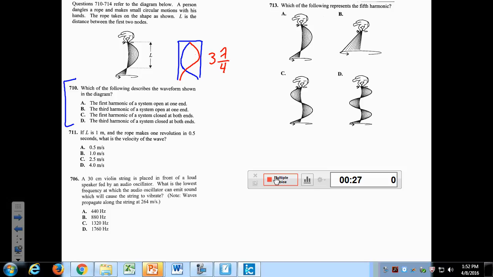Here we want to know the velocity of the wave. I'm going to give you a little hint. The velocity of the wave is equal to the wavelength times the frequency. We can figure out what the wavelength is. We can also figure out the frequency because the period is given. And then from that, I can find out what the velocity of the wave is.